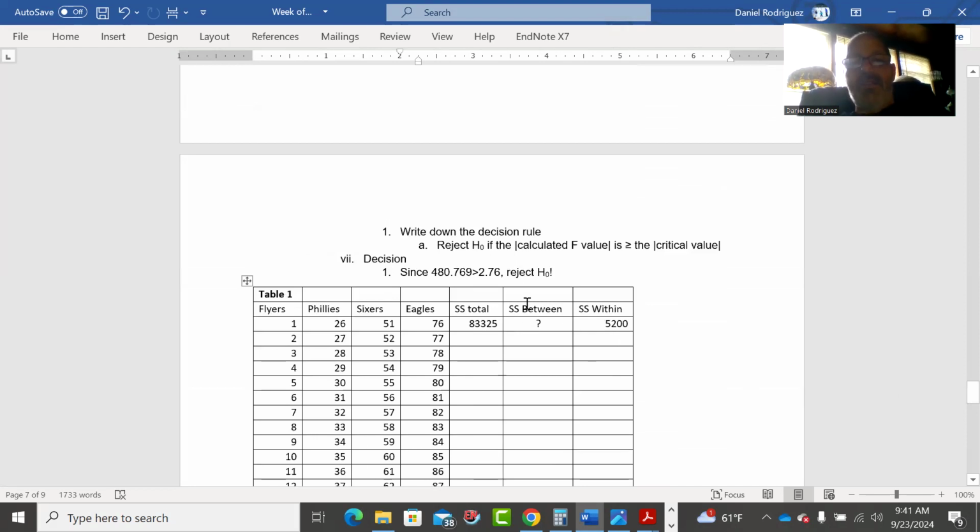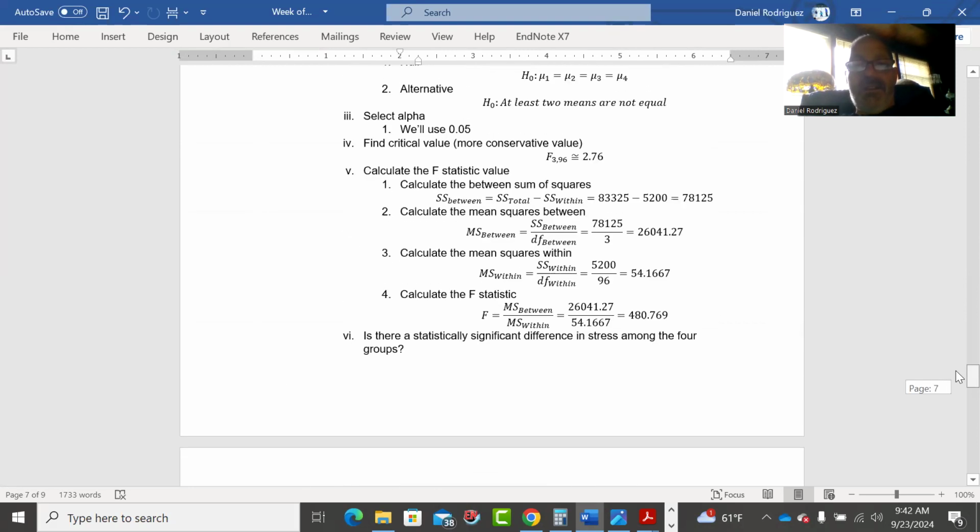So you'd have the value, and then obviously the between, well, we could easily find that by subtracting 5,200 from 83,325, because we know that these two added together equal the total. So we just rearrange our equation there, right? So subtracting the within from the total, we get the between value, 78,125.